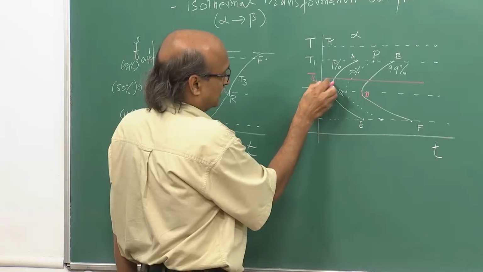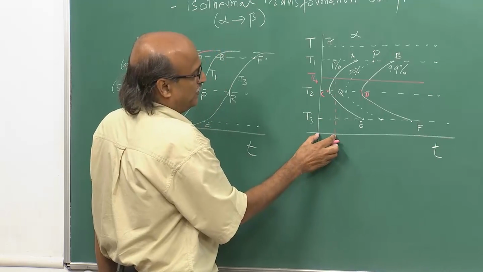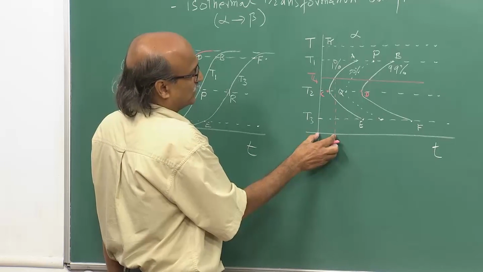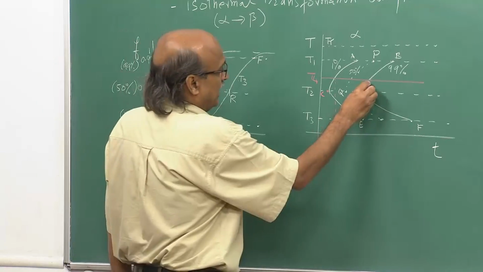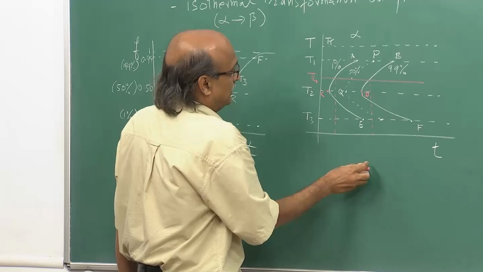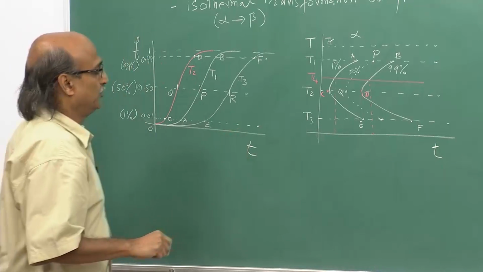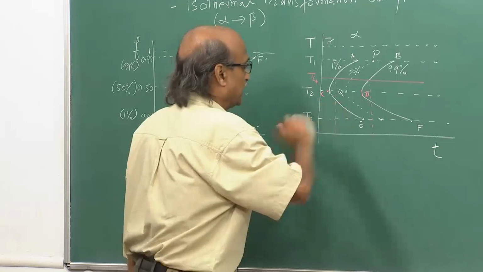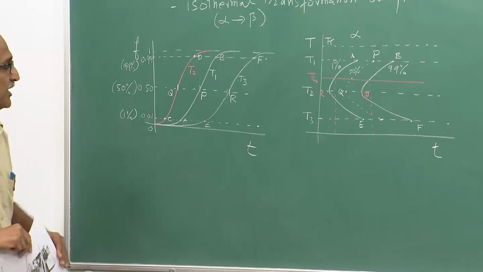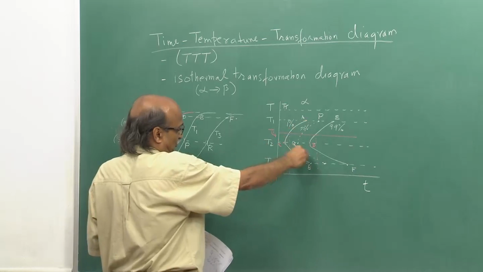Well, it will take this much time for only 1% transformation to take place, and it will take this much time for 99% of the transformation to be over. Similarly, one can find from this diagram for other temperatures what is the rate at which the transformation is taking place.